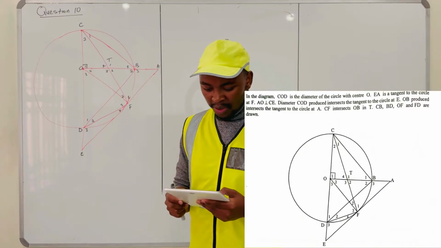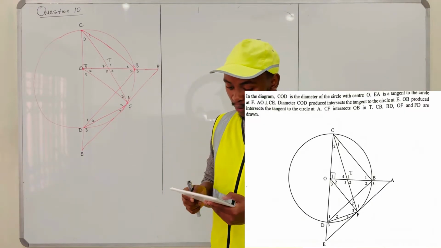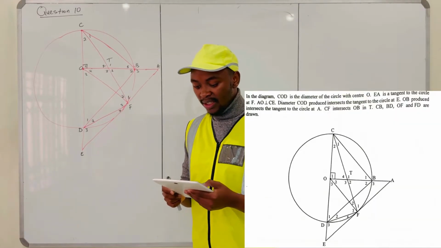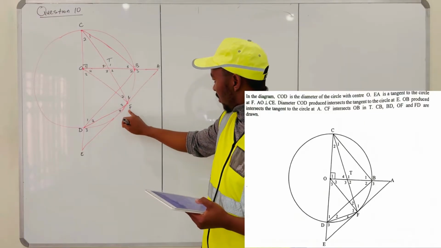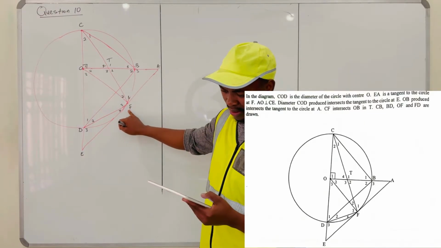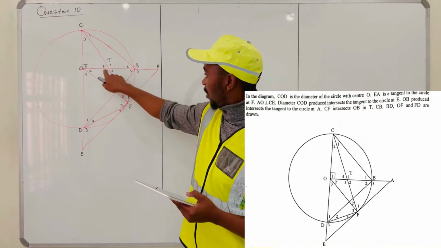We also have the line CF, which intersects OB at point T.